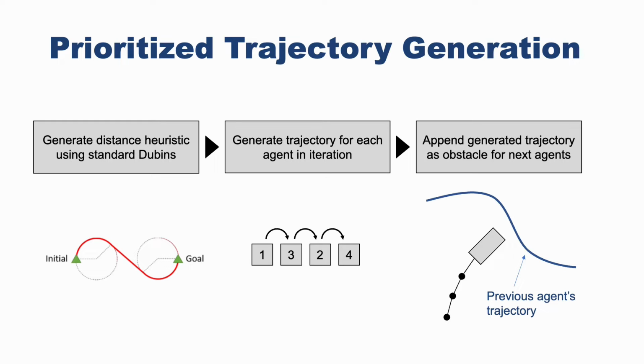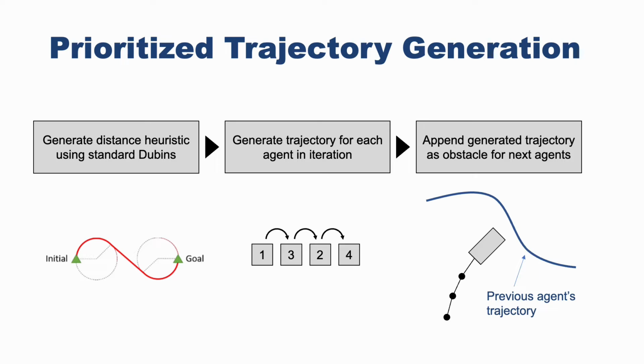In the initial condition, the algorithm only considers static obstacles in the environment. Then it performs the trajectory planning in iteration, starting with the vehicle with the lowest distance heuristic and continuing with a vehicle with a higher heuristic.